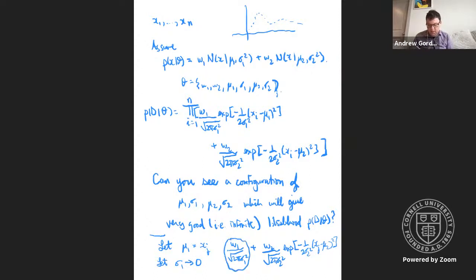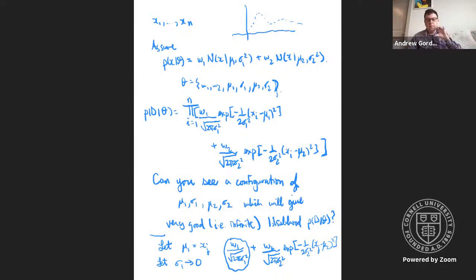It'll go to infinity. And the other terms in the product will not be 0 because we have this second component, which is giving some positive value to all of those terms. So I'm letting mu2 and sigma 2 be whatever, just some positive numbers.